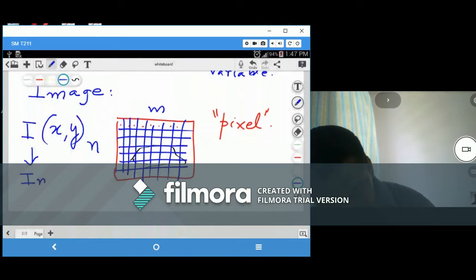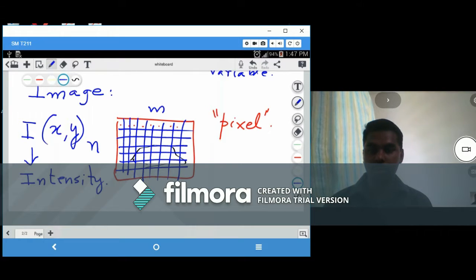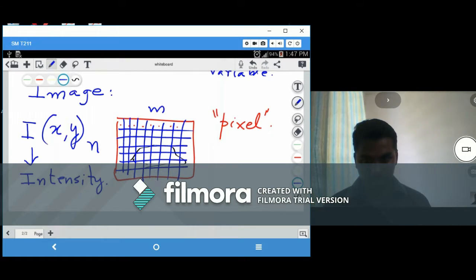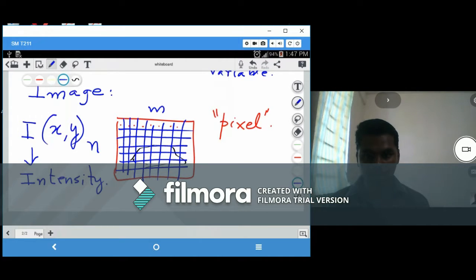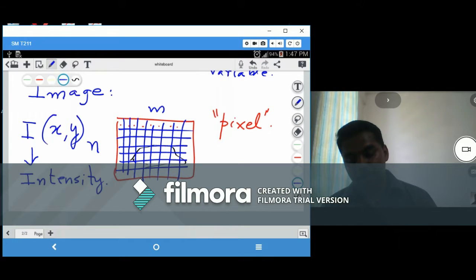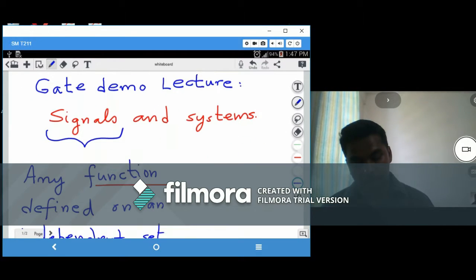It is a representative of the intensity of the color of the pixel. So we shall not see this in much detail now. So we have understood what is meant by a signal.